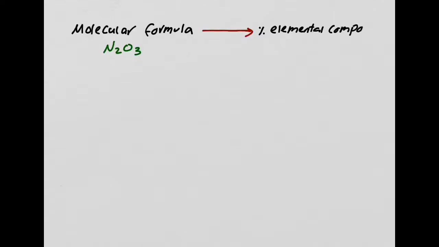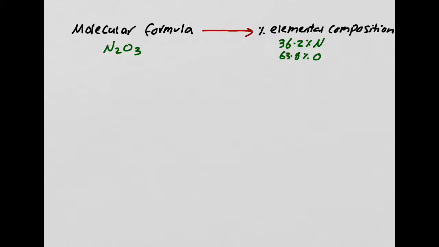When I told you that the compound is N2O3, you were able to easily calculate that this is 36.8% nitrogen and 63.2% oxygen, right? So if I give you the formula, you can easily figure out the percent elemental composition.